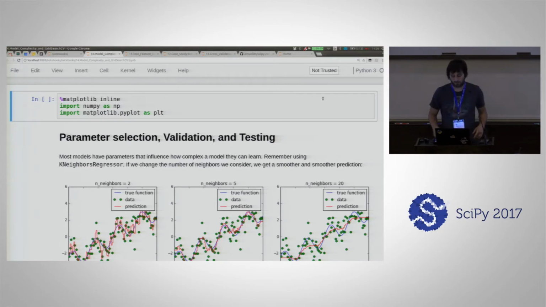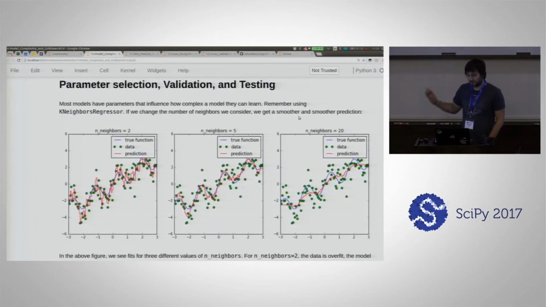Next, I want to talk a little bit more about model complexity and selecting parameters of the model. We already talked in the beginning about how the number of neighbors changes the behavior of the k-neighbors classifier or regressor. Here's again an illustration, where green is your training data set. The function is a periodic function that goes up, and in red I show different fits.